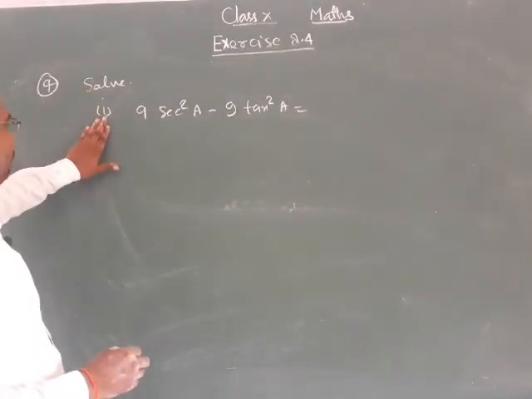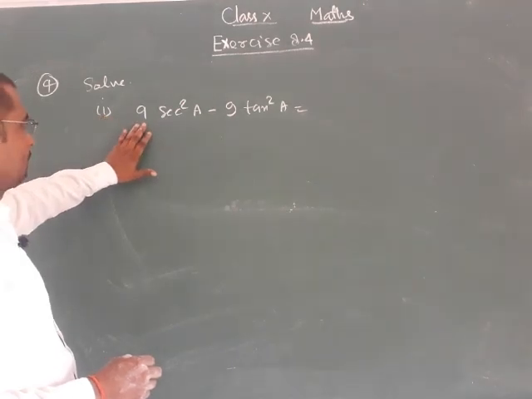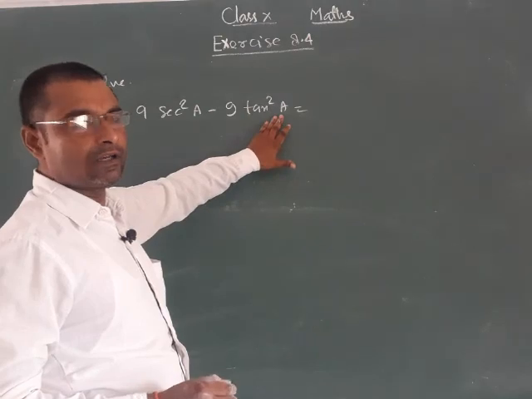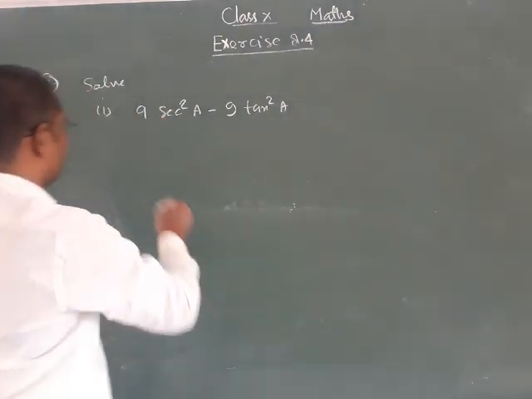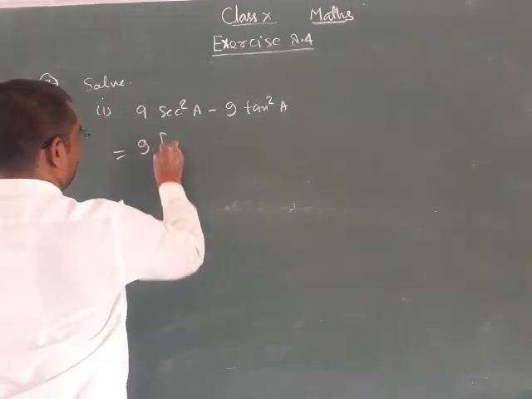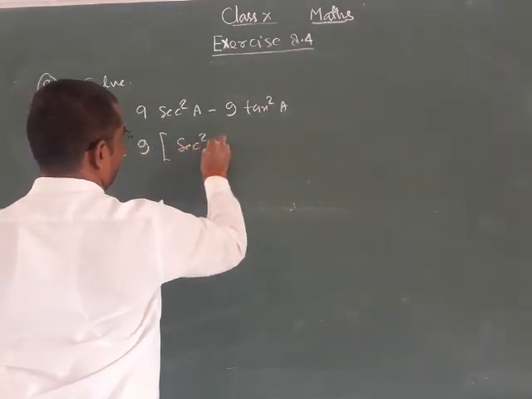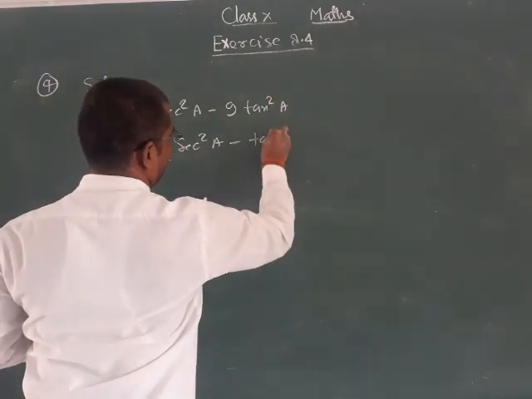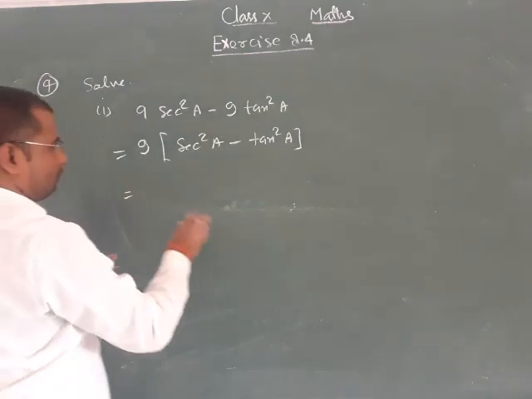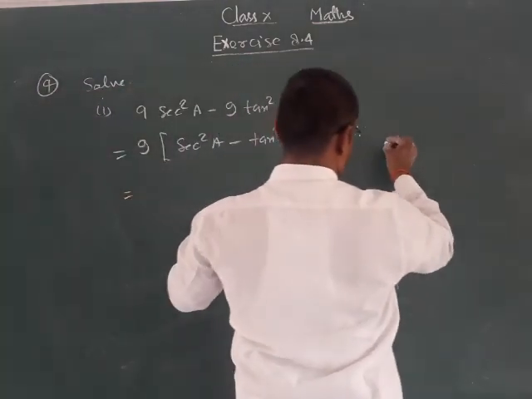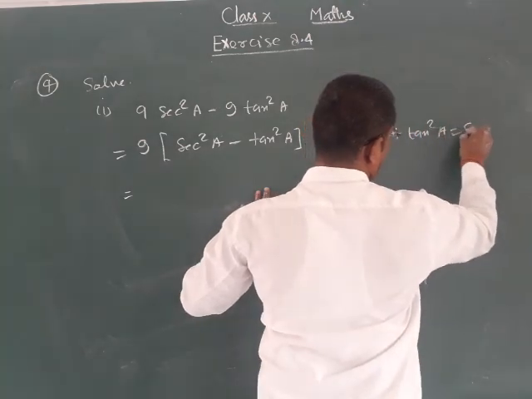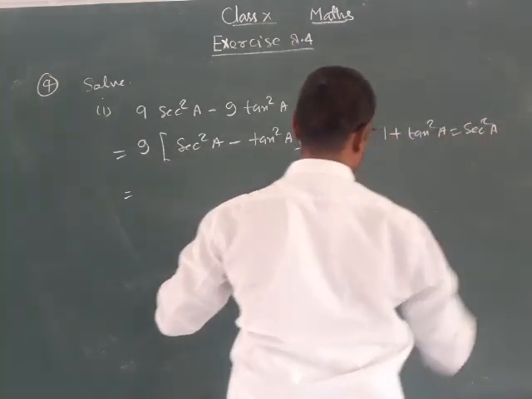Fourth, solve. First part: 9 sec square a minus 9 tan square a. So 9 common out: sec square a minus tan square a. Since 1 plus tan square a is equal to sec square a, this is an identity.